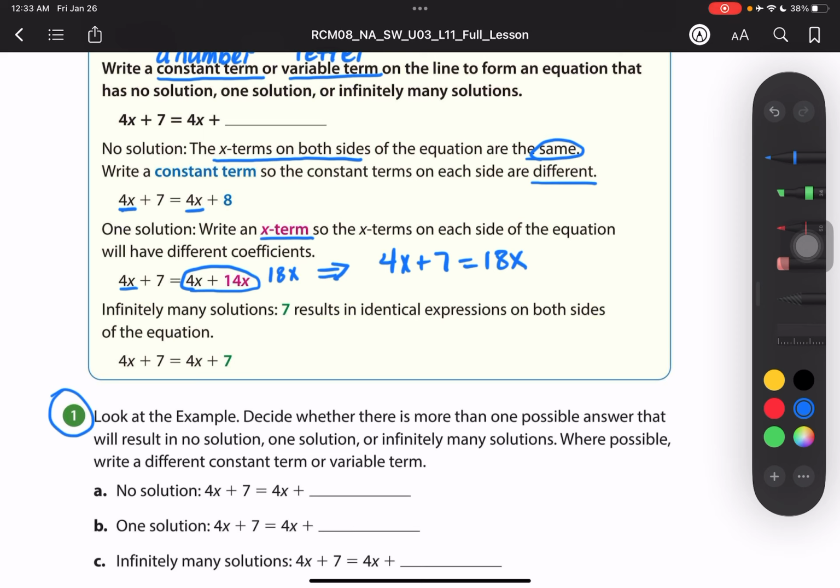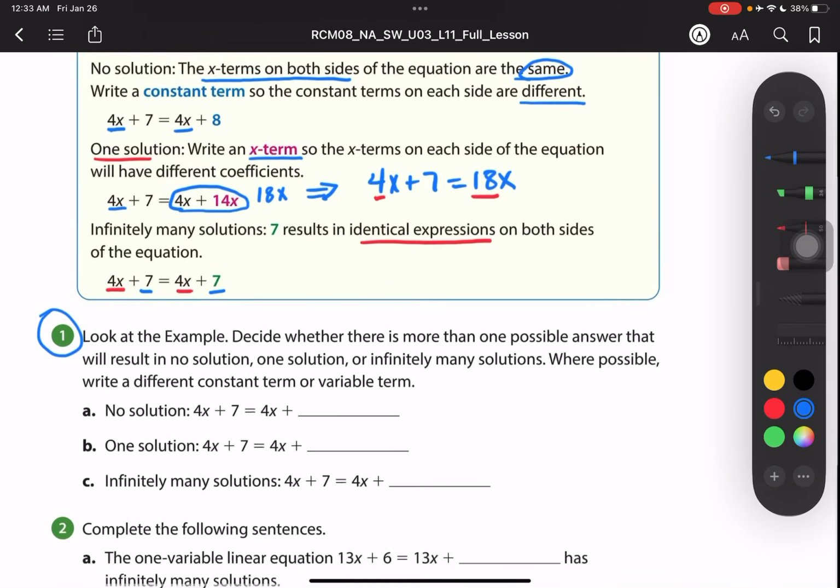So if you see that the x terms have different coefficients, the coefficients are 4 and 18, that lets you know you have one solution. Infinitely many solutions, they are identical expressions. Okay, so both sides of the equation have the same variable terms as well as the same constants.